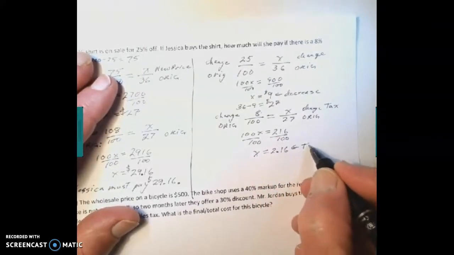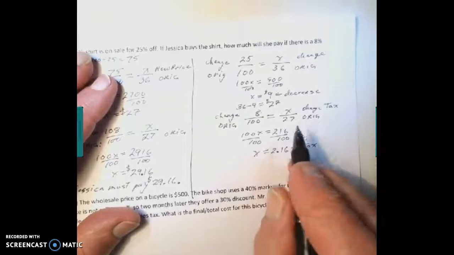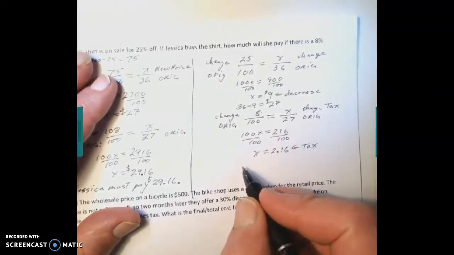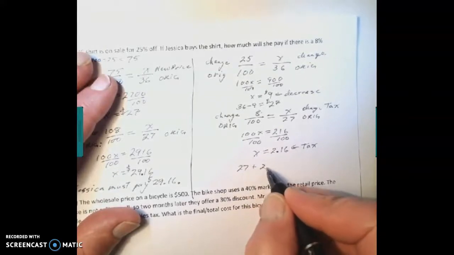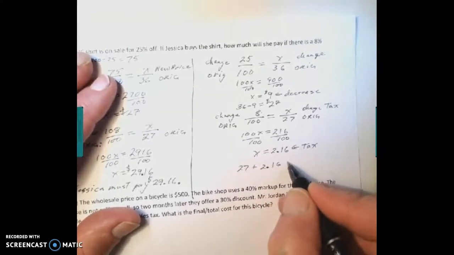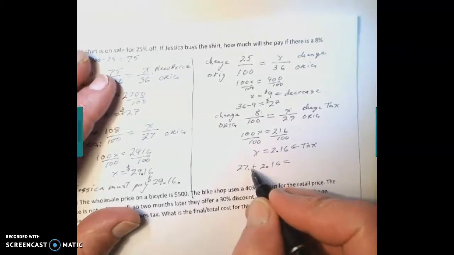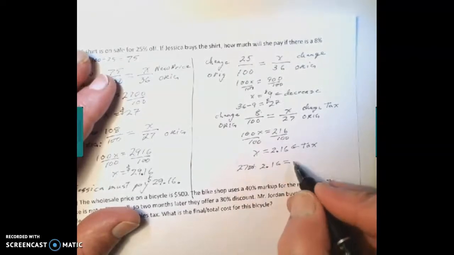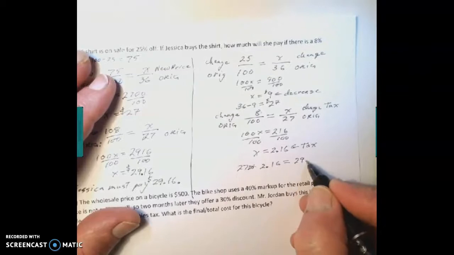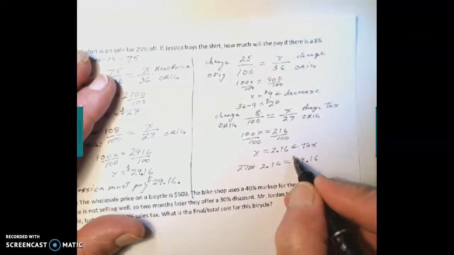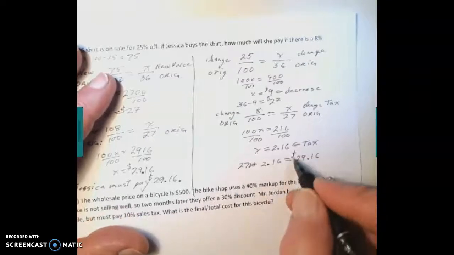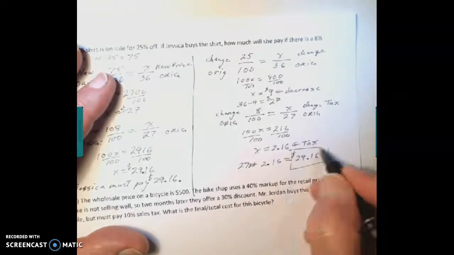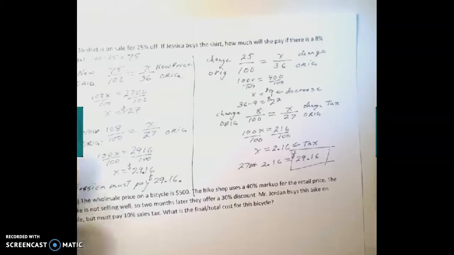That is the amount of tax added on to the cost of the shirt, 27 plus 2.16. I hope you guys could do that without a calculator. It is going to be $29.16. So again, Jessica has to pay $29.16.